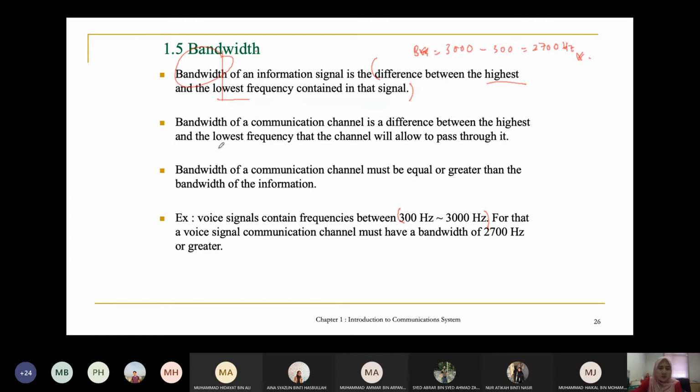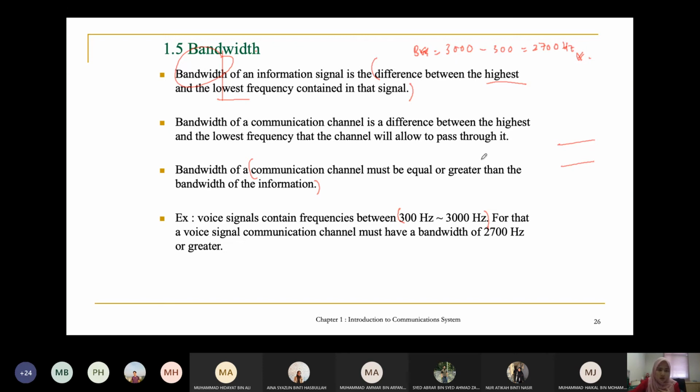Over here it is stated that the bandwidth of a communication channel is the difference between the highest and the lowest frequency that the channel will allow to pass through. The bandwidth of a communication channel must be equal to or greater than the bandwidth of information. You still remember your transmission channel. Channel is like a path, jalan, a path to send the information.